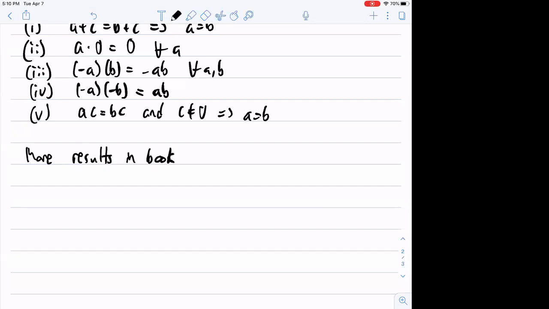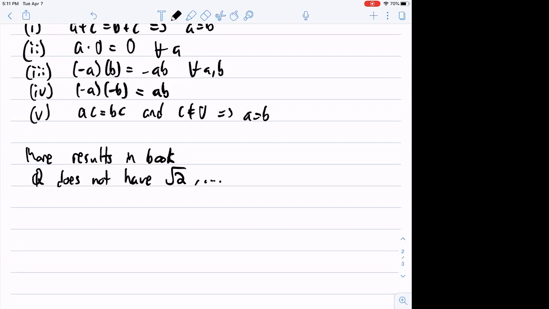Okay, so it turns out that if R and Q satisfy all these properties, what is the difference between R and Q? Well, one thing we learned back then was Q does not have things like root 2, for example.